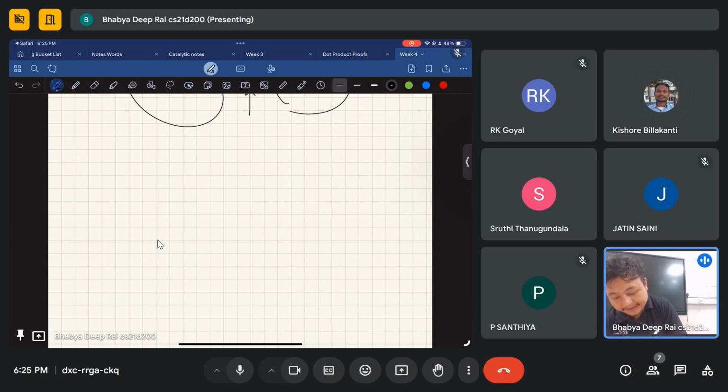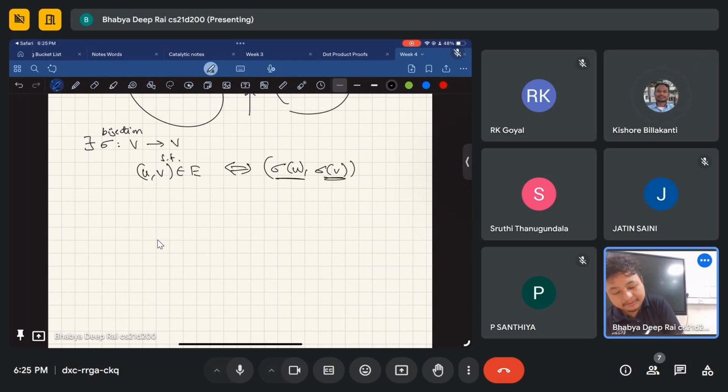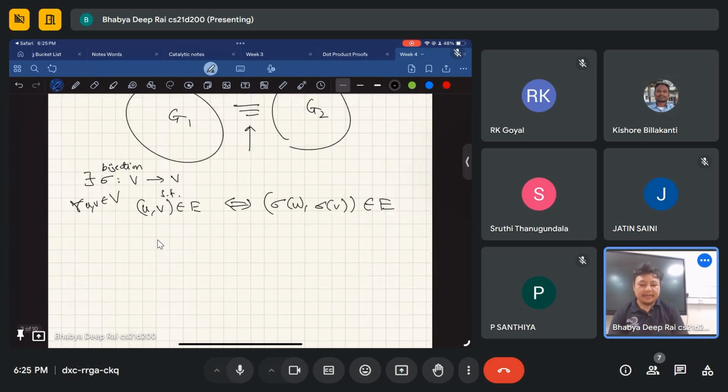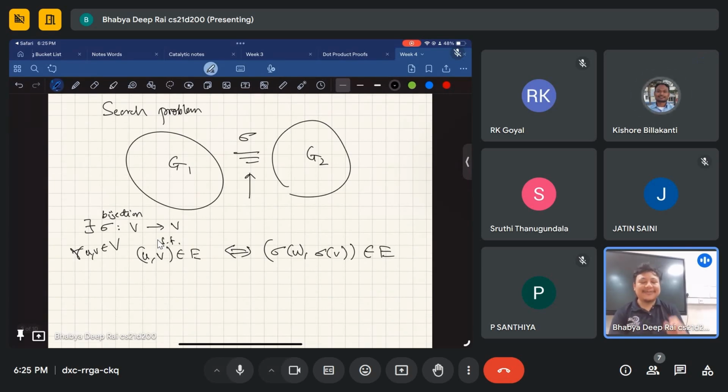Formally, there is a permutation sigma, a bijection from the vertex set to the vertex set, such that uv is an edge if and only if sigma u sigma v, the vertices it gets mapped to, also has an edge, and this is true for all uv. This is what an isomorphism is.